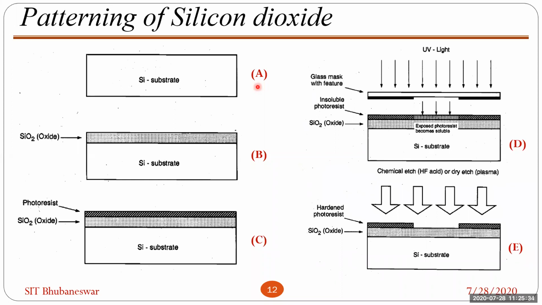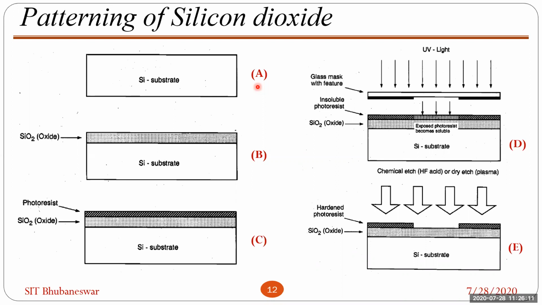We will create a photoresist material over it. This photoresist material is a light sensitive material. Without light it is hard, and once light falls on it, it becomes soluble, so you can remove it easily. Photoresist is generally used to create patterning, and it is also an acid resistant organic polymer.